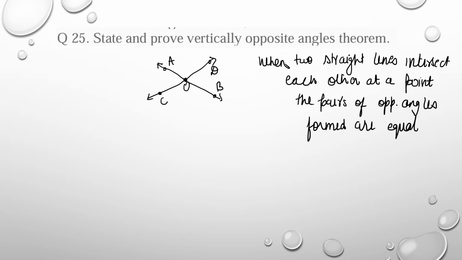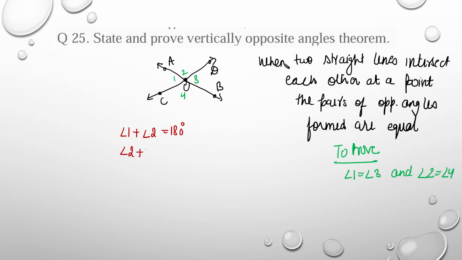Now let's name the angles 1, 2, 3, 4. What you need to prove is that angle 1 is equal to angle 3 and angle 2 is equal to angle 4. Since it is a straight line, angle 1 plus angle 2 is 180 degrees. Also angle 2 plus angle 3 is 180 degrees. Now both equations 1 and 2 are equal to 180 degrees.